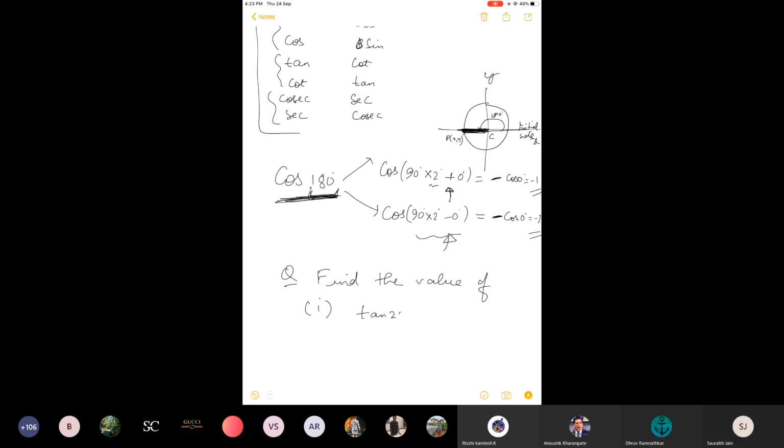Find the value. Is it 1? Give me the explanation.